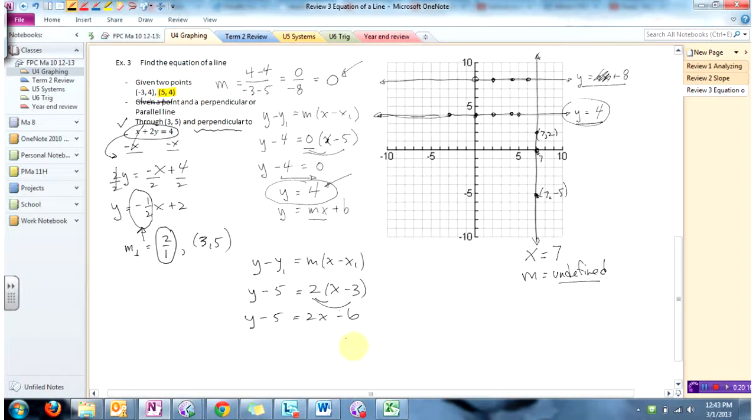We need to get it equal to 0, but we'd like our first term, the x term, to be positive, so we're going to move the y value and the 5. We get 0 equals 2x minus y minus 1. And this is our general equation. This is the general form of this last example.